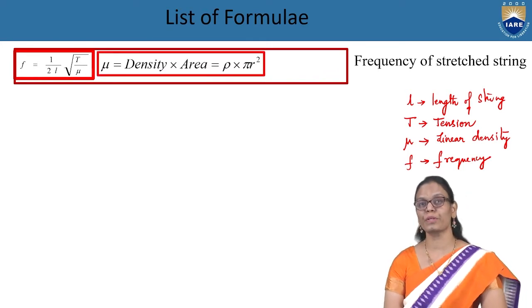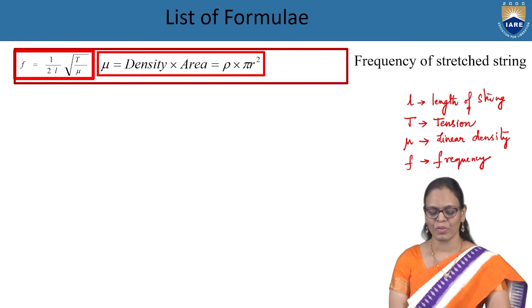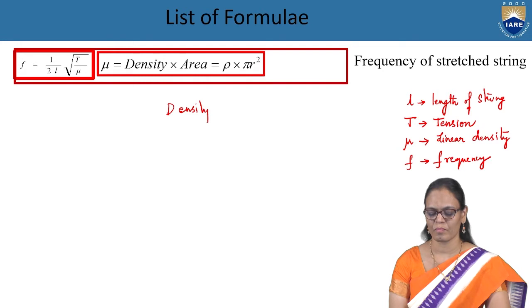Now if we have to get mu, that is the mass per unit length, it is given by density into area. We all know the formula for density. Density is equal to mass per unit volume, mass upon volume.